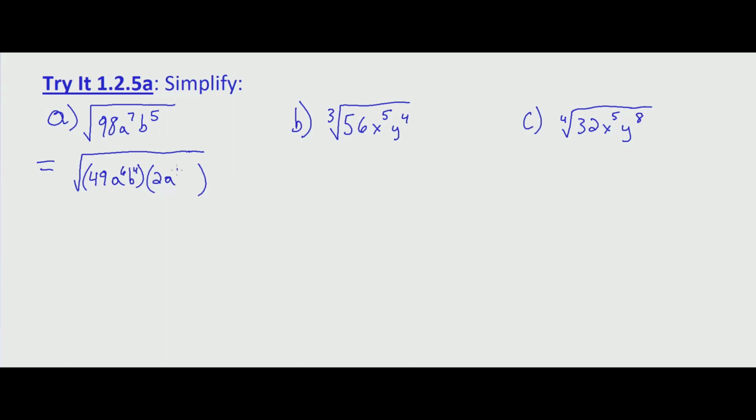And that leaves us with b. b to the 4th times b is our original b to the 5th. Then we separate that into the square root of 49 a to the 6th b to the 4th times the square root of 2ab.